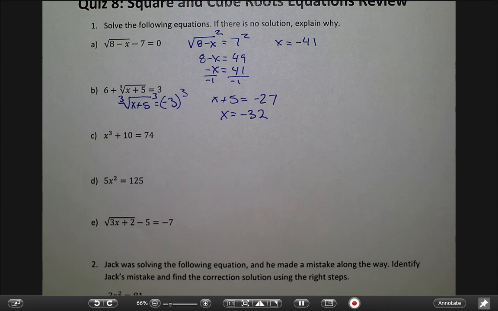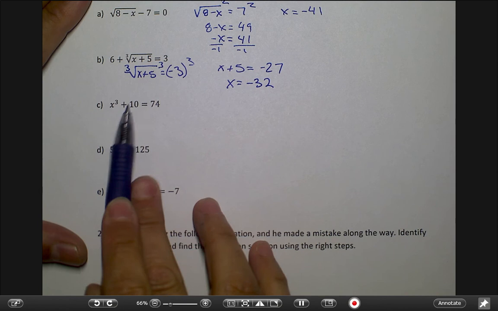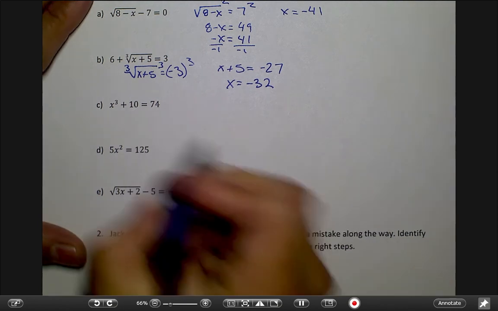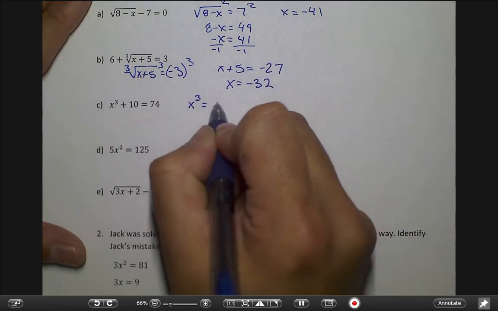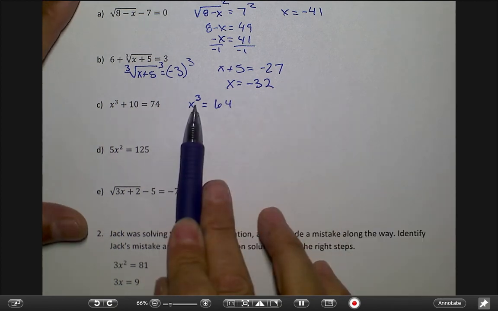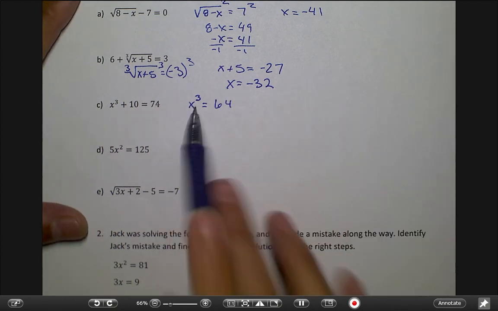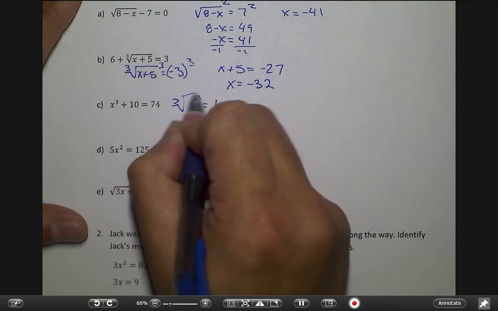Okay, so keep going. I've got to get my x cubed by itself, so I need to subtract 10. So I get x cubed is equal to 64. Now to undo a third power, I need to take the cube root on both sides.